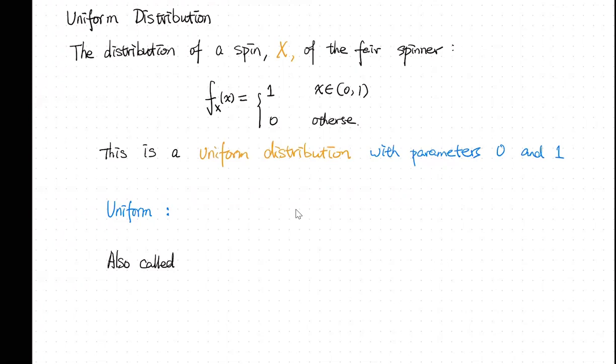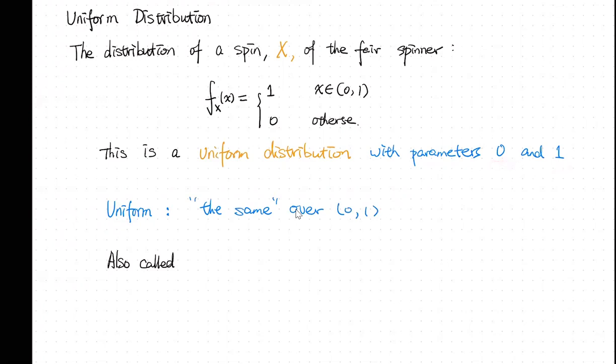The word uniform in uniform distribution means the same over a range. So the density is the same over the interval given by the two parameter values.